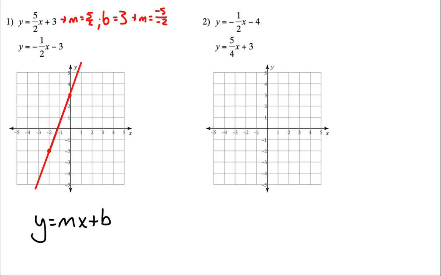The second equation, I'll put it in blue. For this one, the m is going to be, in this case, negative 1/2, and my b is going to be negative 3. So I come down to negative 3 right here. I'm going to begin right there. And then I'm going to rise negative 1, my rise over run is negative 1/2.